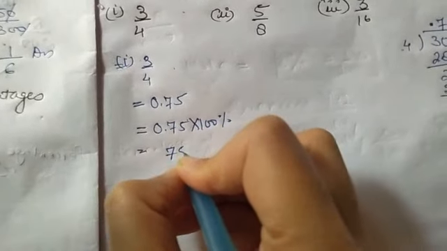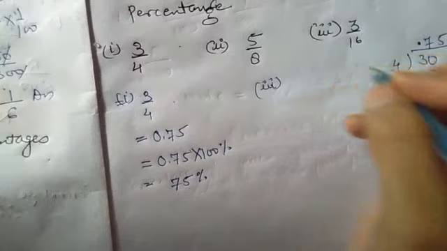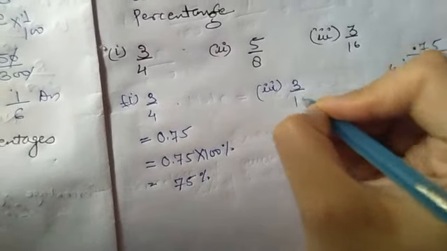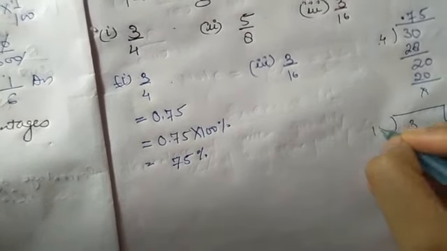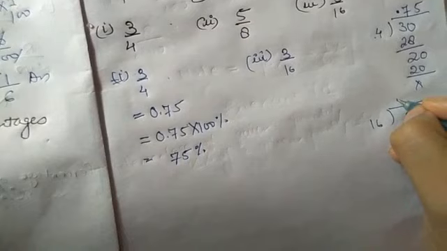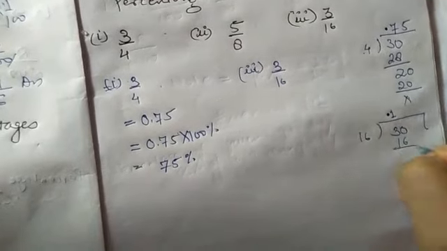Multiplying this with 100, I got 75%. Look at the next one. 3 by 16. I'll try to divide 3 by 16. Put a decimal, it's 30 now. 16 ones are 16. I got 140 here.